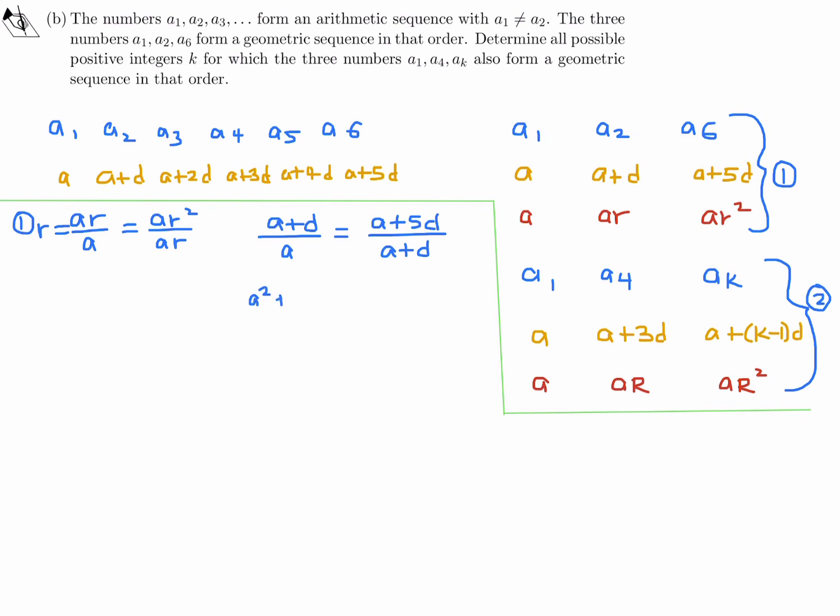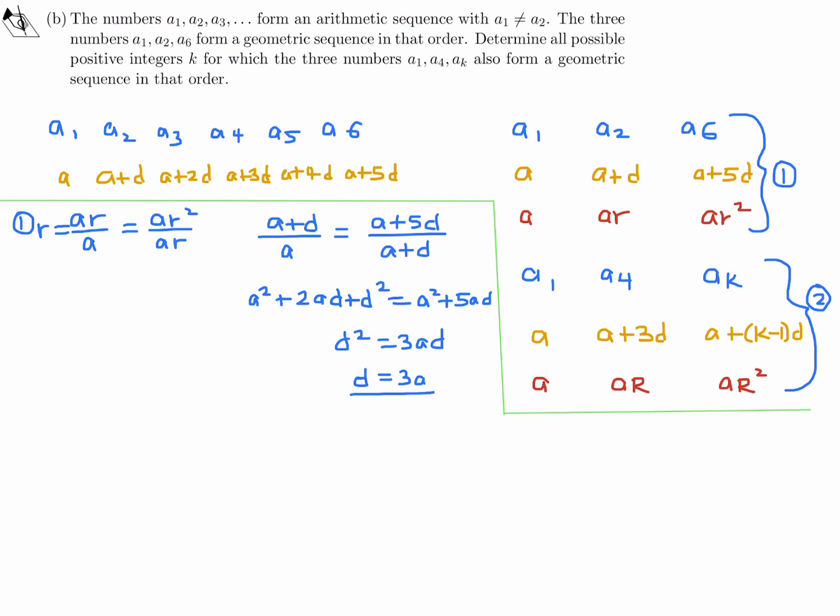Cross multiply: a plus d times a plus d gives a squared plus 2ad plus d squared, and the other side gives a squared plus 5ad. The a squared cancel on both sides and we get d squared is equal to 3ad. Dividing through by d, you get d is equal to 3a. So that's a very important finding.